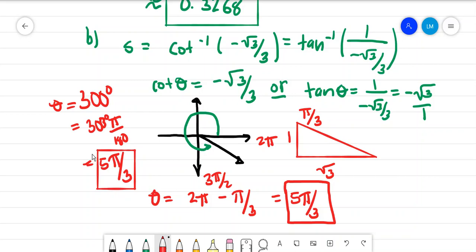So in a way, yes, maybe we could have used the calculator, but obviously there's a little more work to it as it relates to being able to find the exact value.